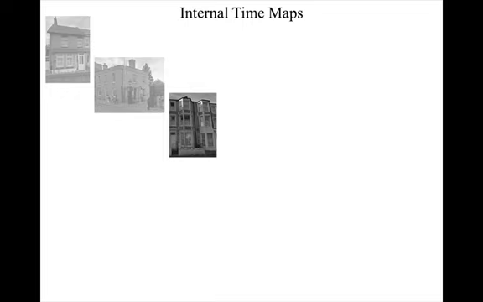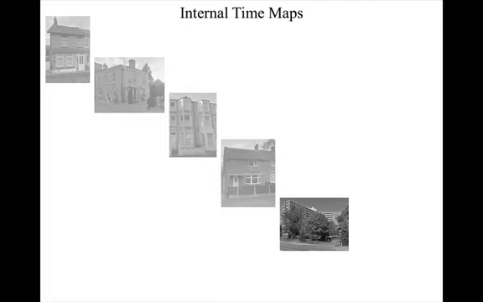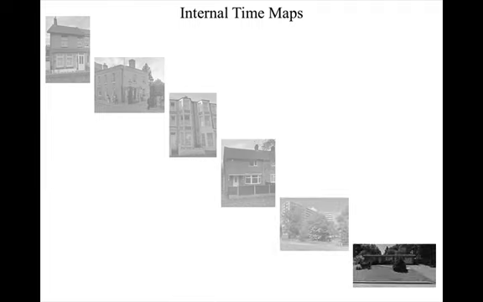An important way in which we establish the relative timing of events is to establish a range of internal time maps. Most of us have lived in a number of different houses in the course of our lives, and we can use the sequence of houses in which we've lived as a way to locate events in time.